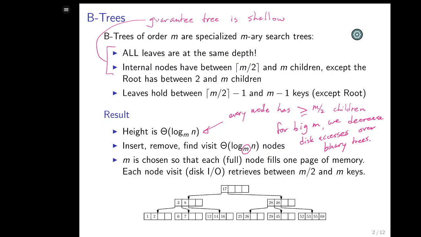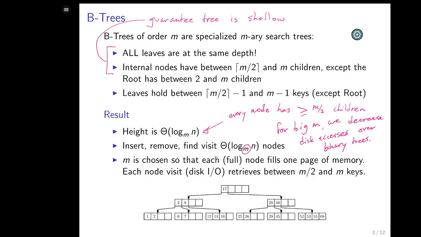Every node in the B-tree has to be at least half full, except the root occasionally. The root can be not full. You might ask, why can the root be not so full? What's so special about the root? Well, imagine trying to store very few items in a B-tree. Like you have a B-tree that has nodes which have 100 children, but you're only going to store 3 items in it.